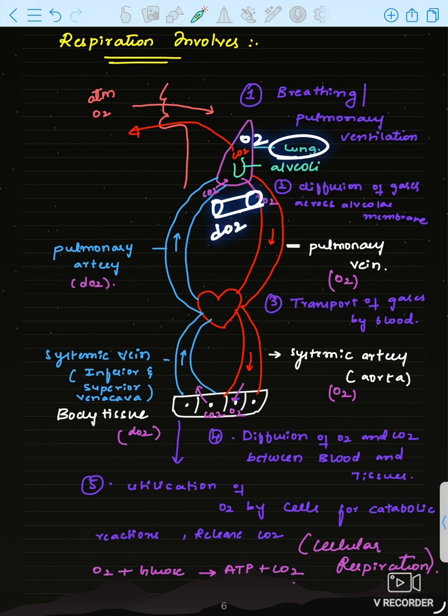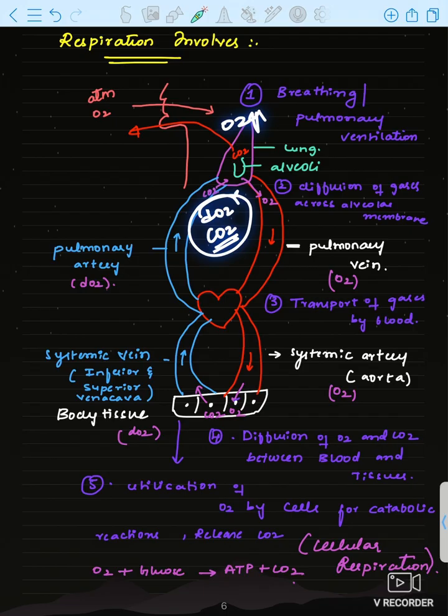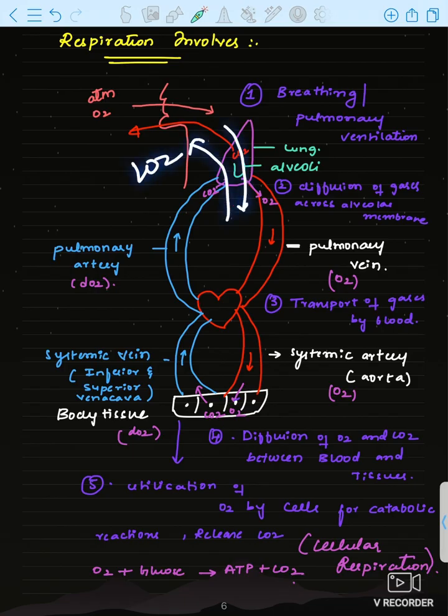All deoxygenated blood will go near the lung to purify. Okay, now O2 will be high in the lung, no? The deoxygenated blood means CO2 rich blood. Okay, that will exchange the gases here. O2 will come inside the capillary and CO2 will go outside.